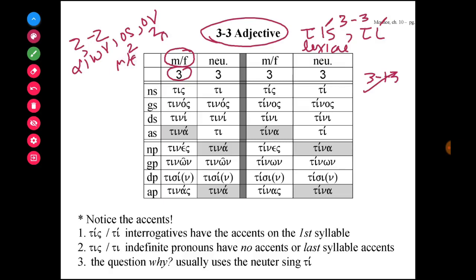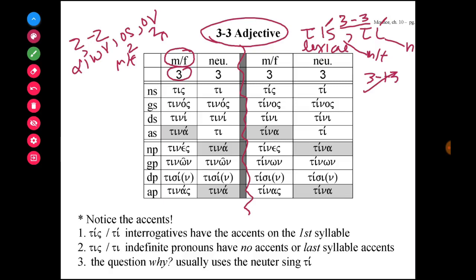They share the same endings, and then you have a separate neuter form. Here, you have a 3-3 adjective where the masculine and feminine endings share the same form, and the neuter has a separate form. Now, I have two different charts here, and the forms are exactly the same, except notice that some either have accents on the first syllable or no accent.